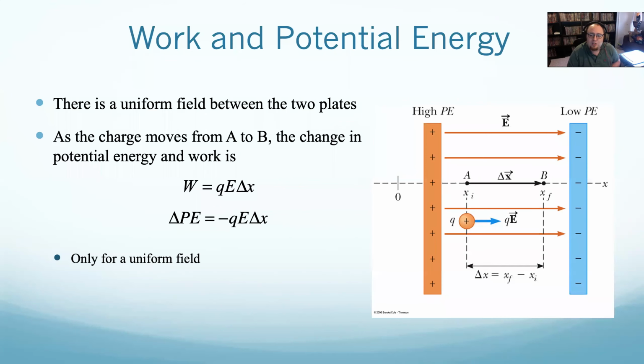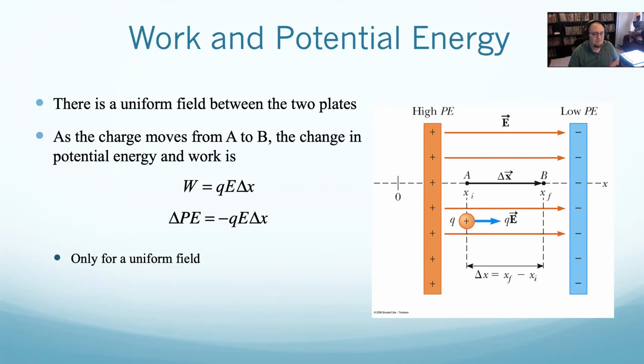But if you get a uniform electric field, there will be a potential energy change between the two plates. Now, I'm not necessarily defining potential energy as 0 at either spot. You notice this marks high potential energy, low potential energy. But I'm just saying if you move within that region, you have a change in potential energy. If you go from A to B, you will have that change in potential energy, as long as it's a uniform field.